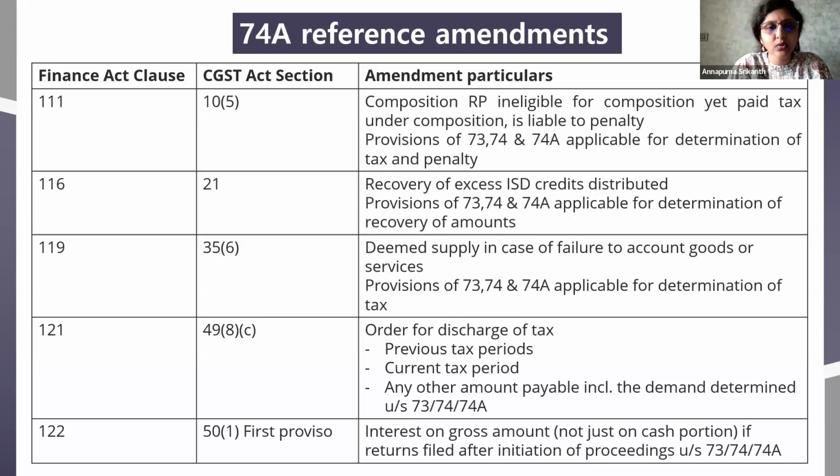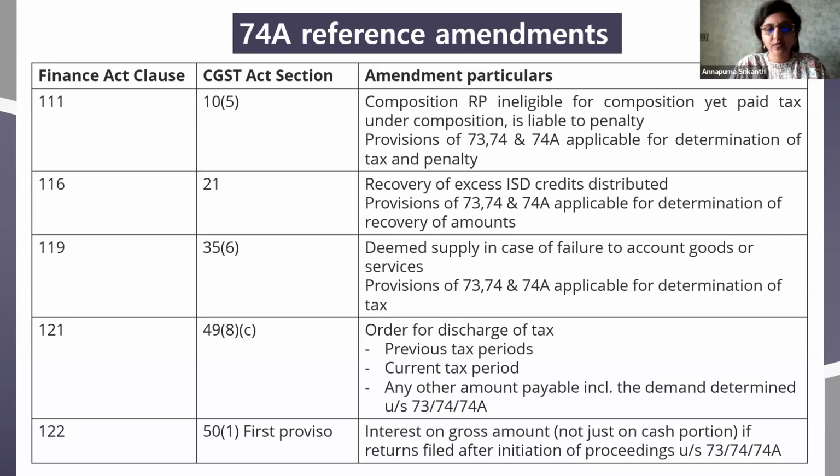Those things, and recovery of excess ISD credits distributed, and in case of 35(6), where the officer visits and there is a failure to account for goods or services, and there is a deeming supply with respect to such excess goods found. And again in the payment provision, the order for discharge of tax, earlier it was 73-74, now they've included 74A also.